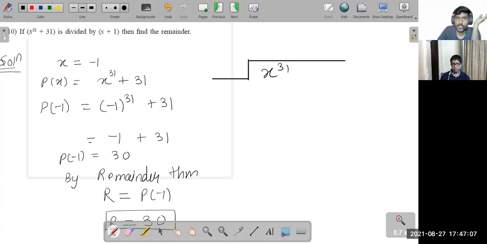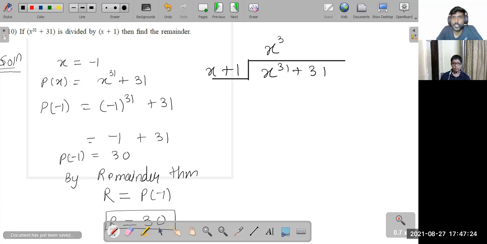So x raised to 31 plus 31 is equal to x plus 1. Divide this by x. So x raised to 30. Multiply x raised to 30 into x will be x raised to 31 plus x raised to 30.